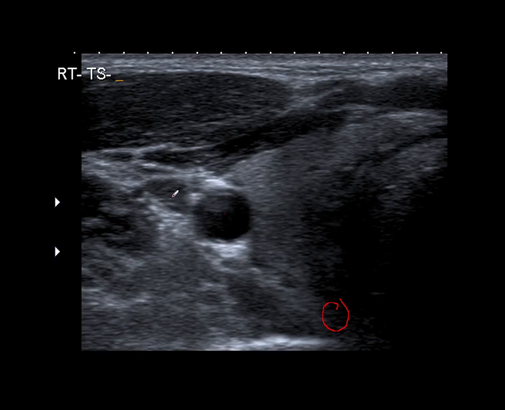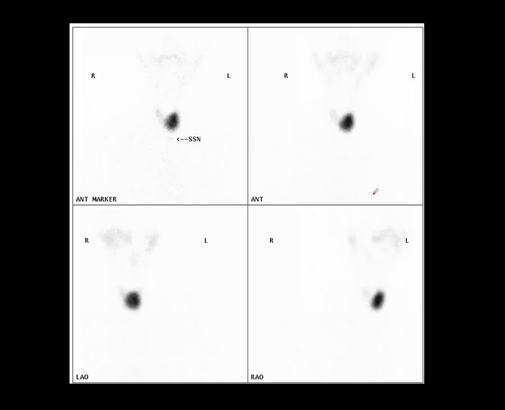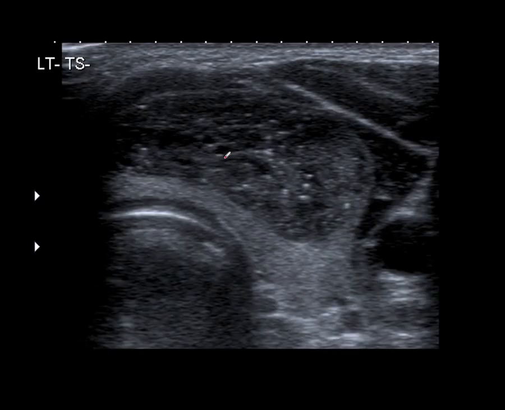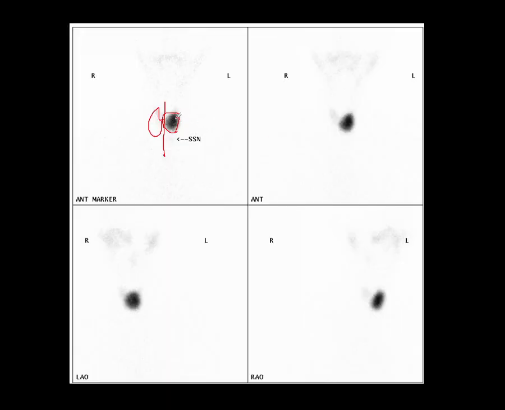Here's our carotid artery, and I think that will be our jugular vein there. So this patient has intense activity in the left lobe, but hardly anything to see on the right side. So again, a toxic nodule on the left corresponds to the intense activity. This proves it's a toxic nodule, and therefore hopefully the patient will be suitable for a hemithyroidectomy.